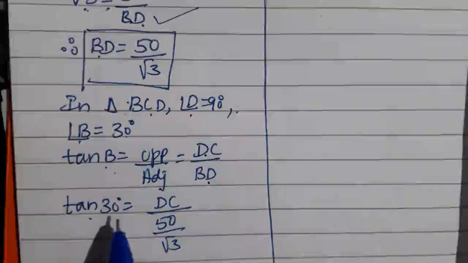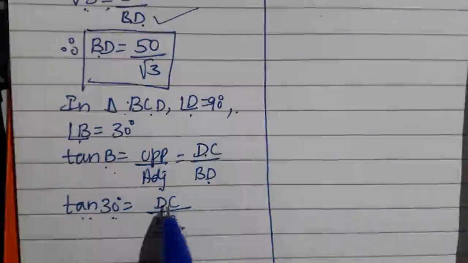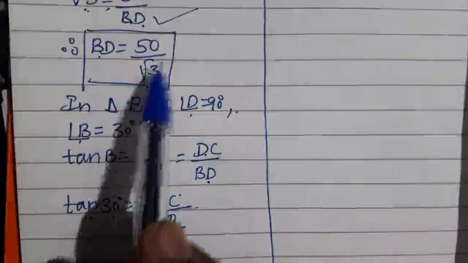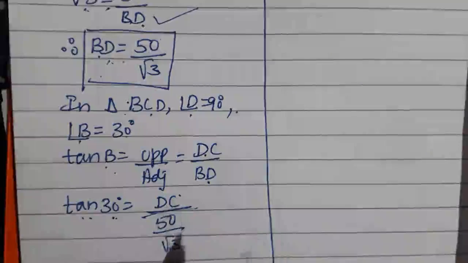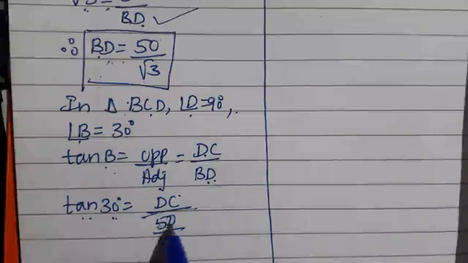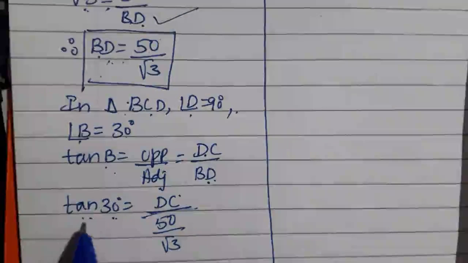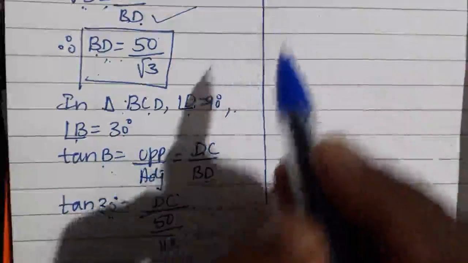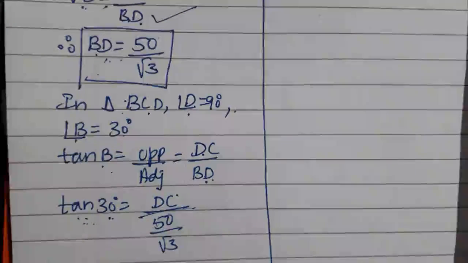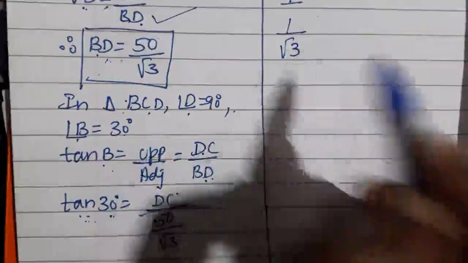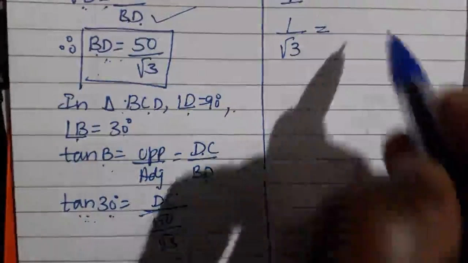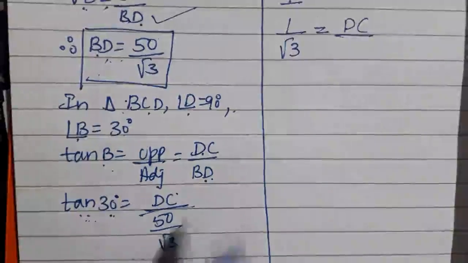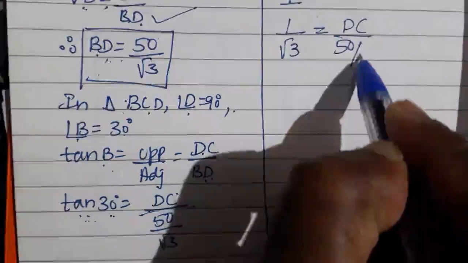So angle B is 30 degree. So tan 30 is equal to DC by BD, and I have got the value of BD, 50 by root 3. So in place of BD write 50 by root 3. Now, what is the value of tan 30? The value of tan 30 is 1 by root 3. So 1 by root 3 is equal to DC by 50 by root 3.